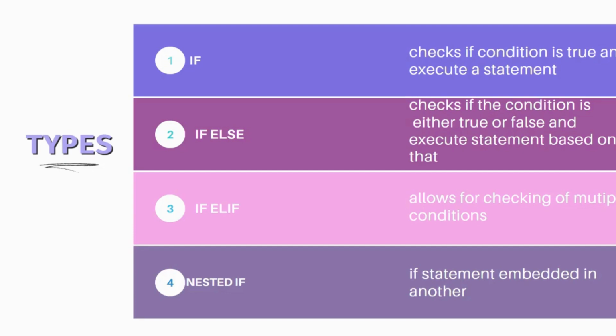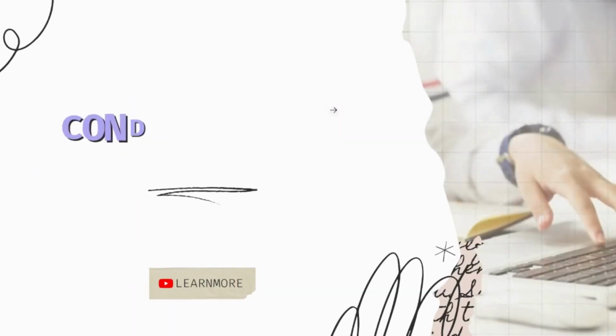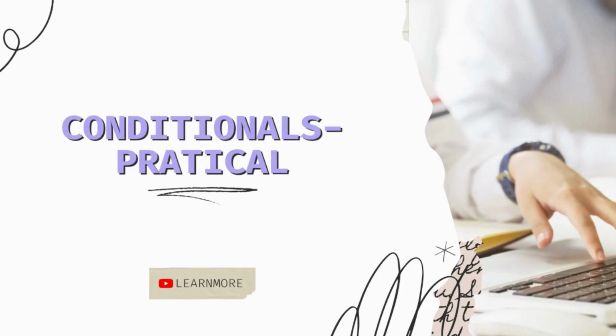It allows for checking of multiple conditions at a time. Then we have the nested if. This is you embedding an if statement in another if statement, and we'll see how to do that when we get to the practical session of the training. So let's jump right into that. Stay tuned and let's get into the coding aspect.